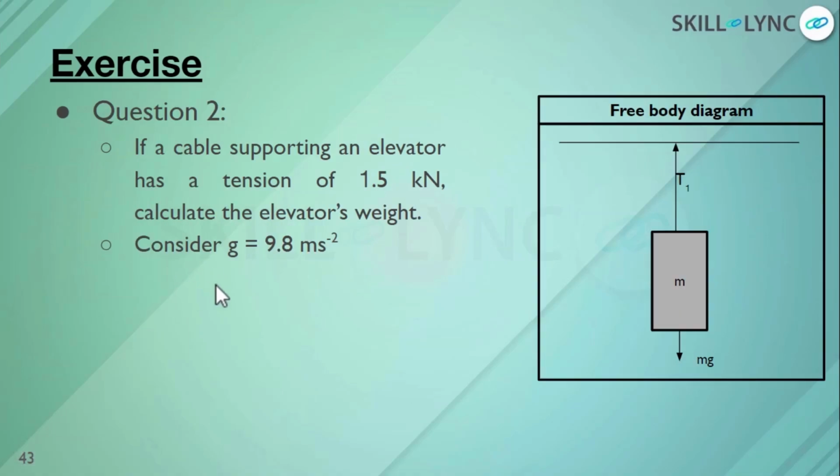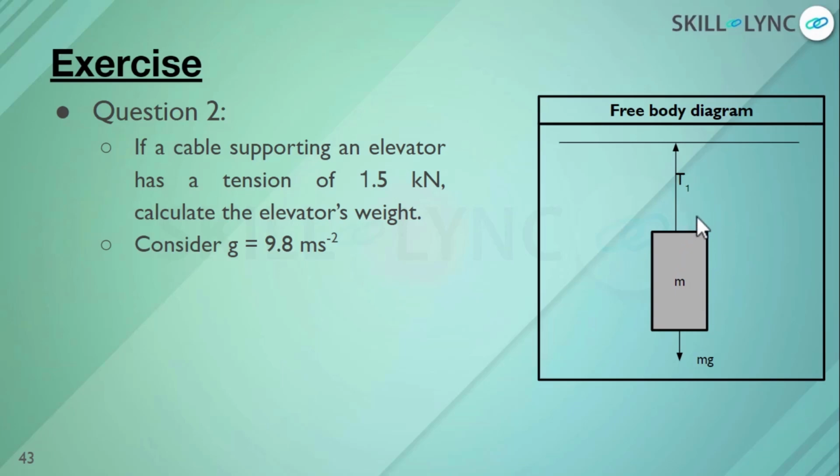Let's get into another exercise. The question says, if a cable supporting an elevator has a tension of 1.5 kilonewton, calculate the elevator's weight, considering acceleration due to gravity is equal to 9.8 meter per second square. Let's see this in a free body diagram.